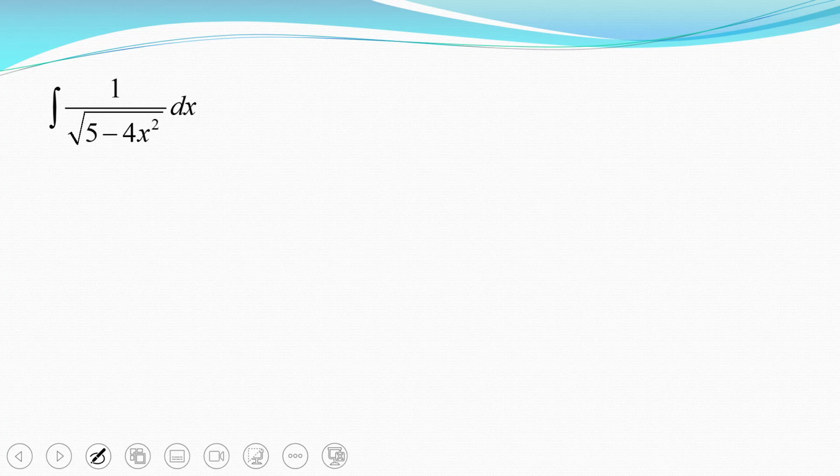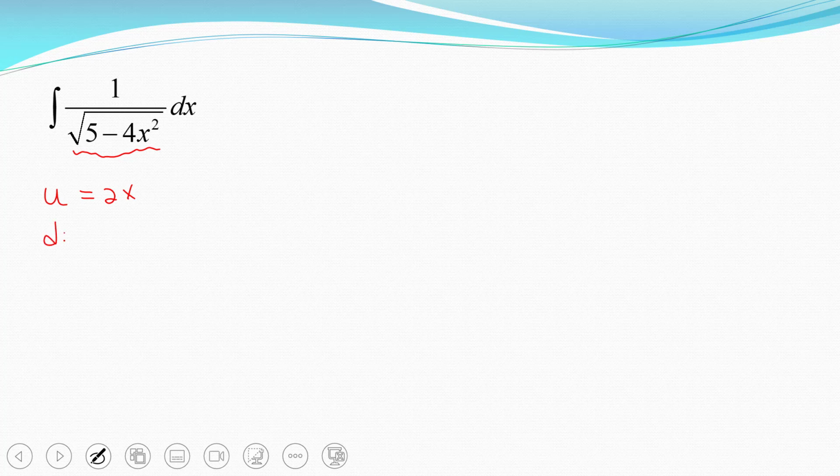I want to know the integration of this particular integrand. If you look at the inside, it has the form of a squared minus u squared. Because of that, I'm going to use u equals, well, if u squared is going to be 4x squared, that means u must be 2x.